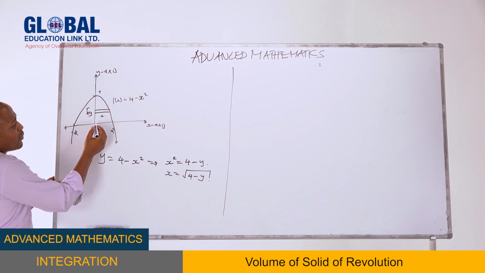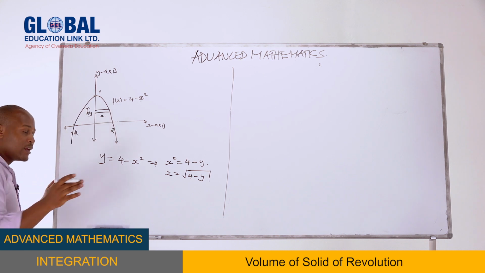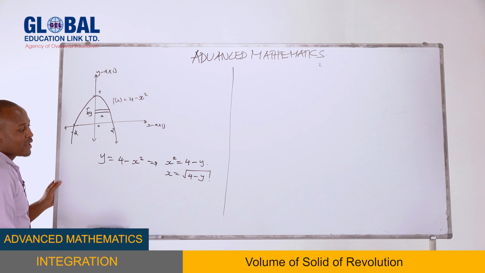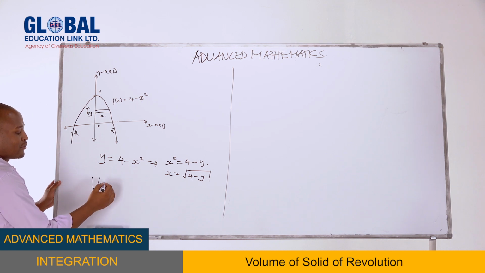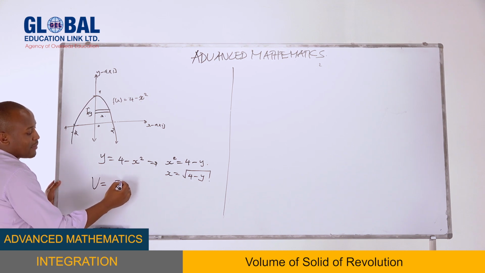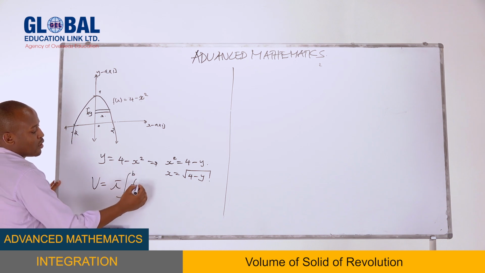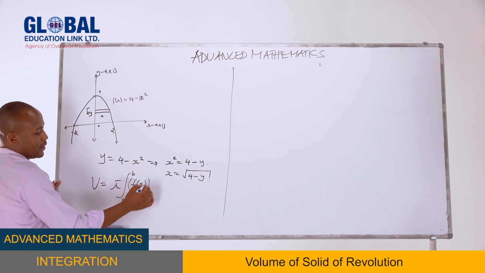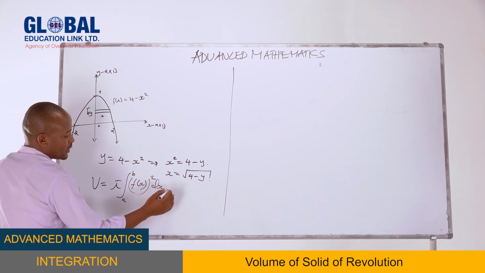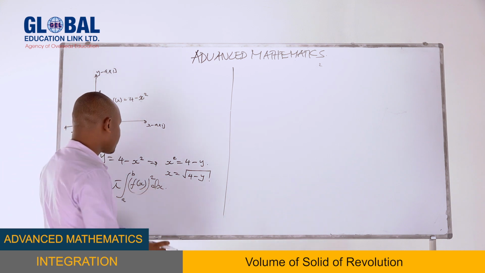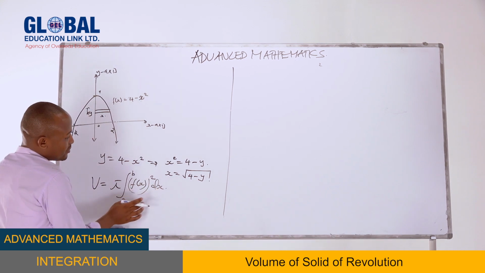Now, remember, when we were looking for the intercepts, that was 0, we know the origin, up to that point. That is to say, our volume of revolution now will be found by the formula we know, the integral from a to b of the function squared. But our function now is in terms of y.